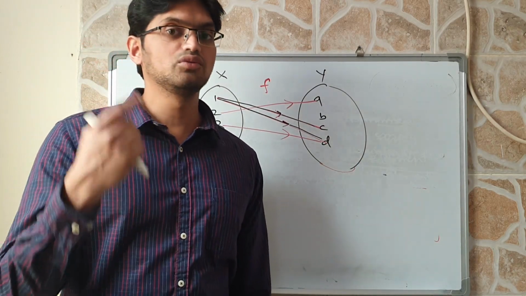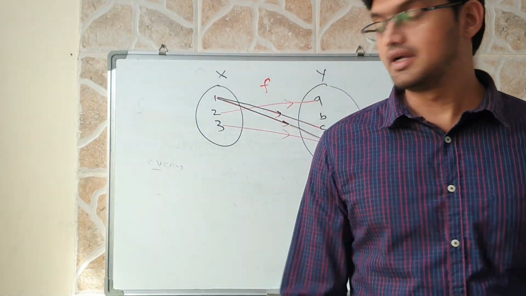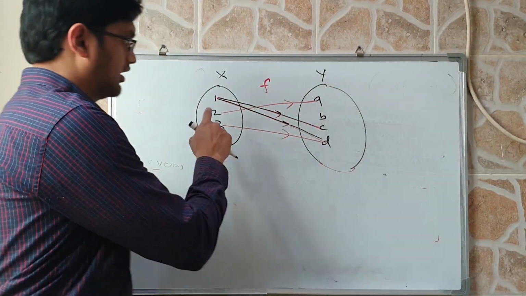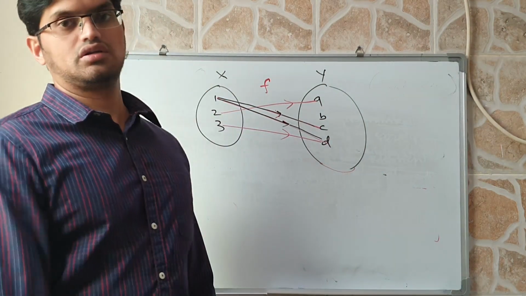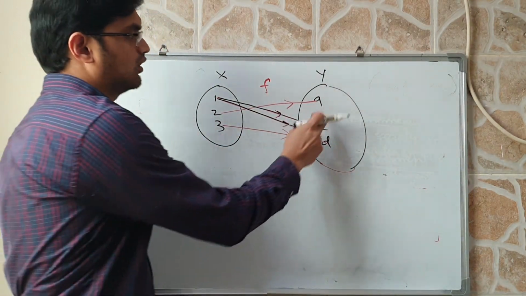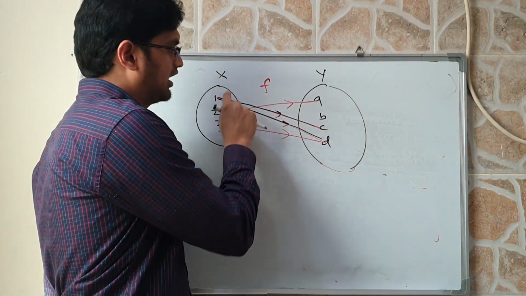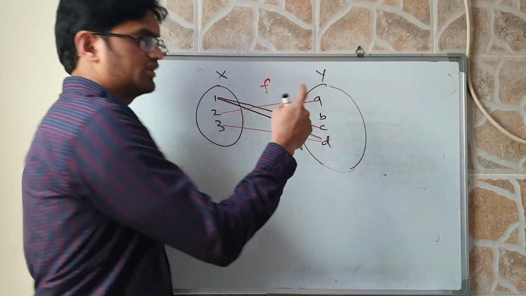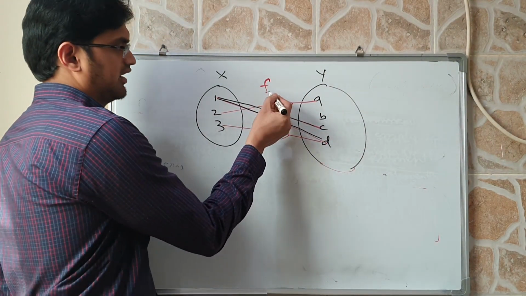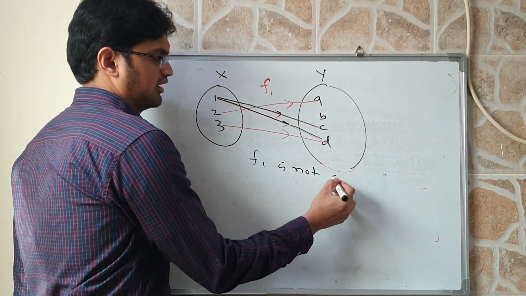It is going against the definition we defined just now, that every element of X should have a unique image. This is called image, or unique association. So 1 has 2 images: 1 is associated with C, 1 is associated with D. Therefore, if I call this f1, f1 is not a function.